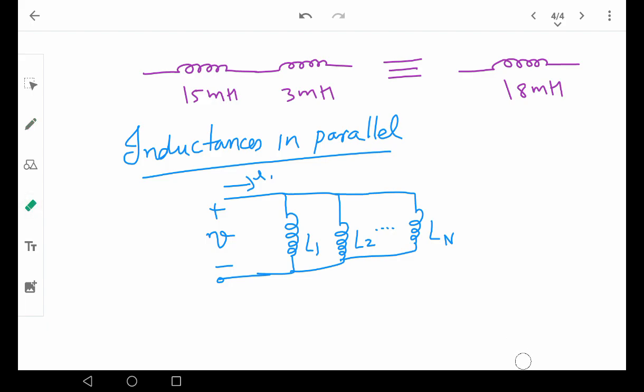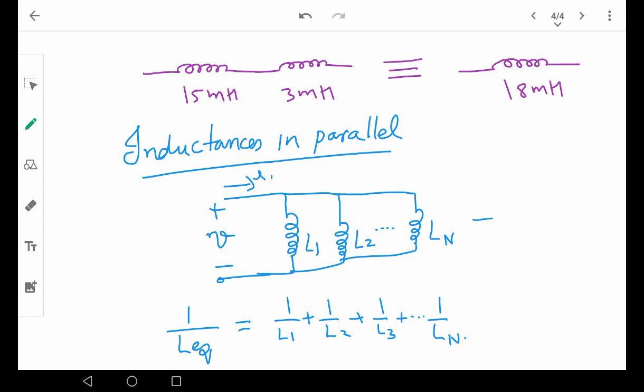So the inductance series and parallel combination is the same as for resistance. You can represent this by a single equivalent inductance: 1 by L equivalent equals 1 by L1 plus 1 by L2 plus 1 by L3, like that, plus 1 by Ln. Okay, understand?